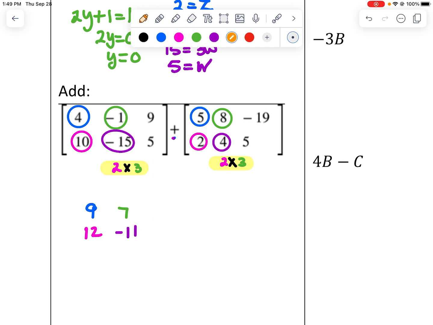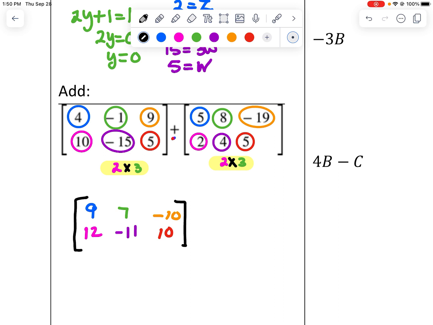Got the idea here by now, friends. 9 being added to negative 19 is going to give us negative 10. And last but not least, 5 being added to 5 is 10. And then we put the little matrix marks on it so we know it is a matrix.